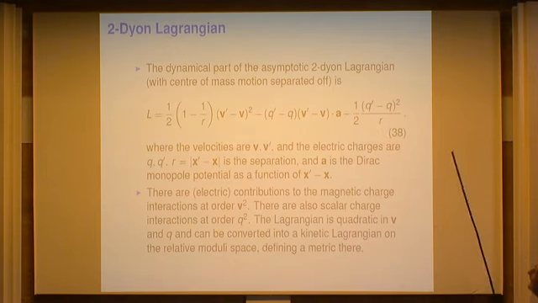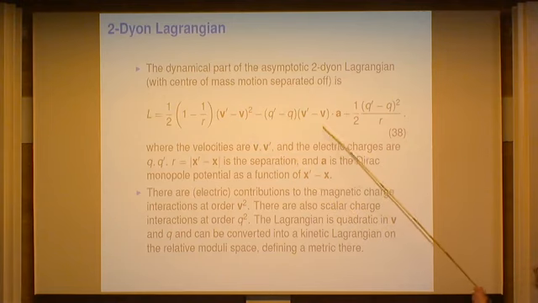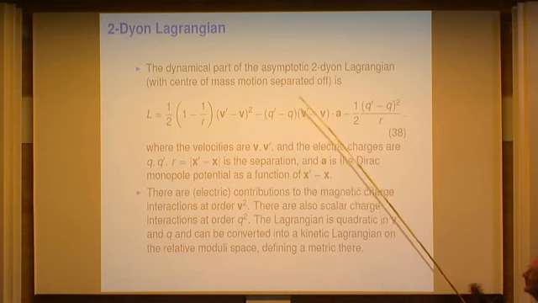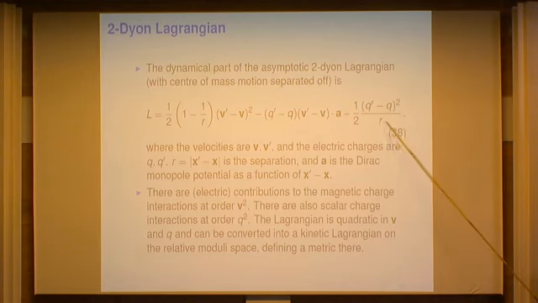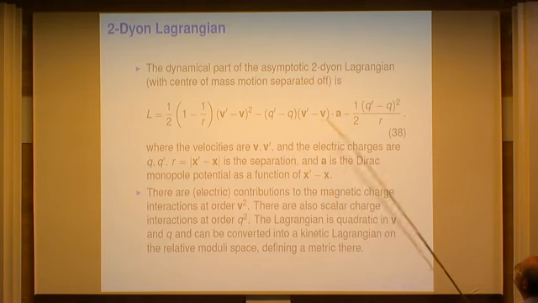It's all quadratic in velocity, because this is explicitly quadratic in velocity. This is linear in velocity, but it's linear in the charge, and that turns into a velocity of an angle. And this is the Q squared order. And you see here that there are 1 over r sort of terms multiplying this. And that's kind of the answer to your question. R is the separation of the pair.